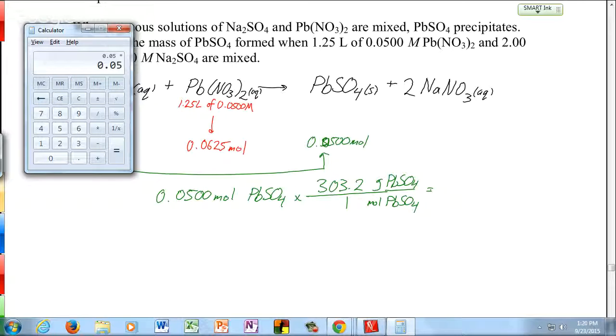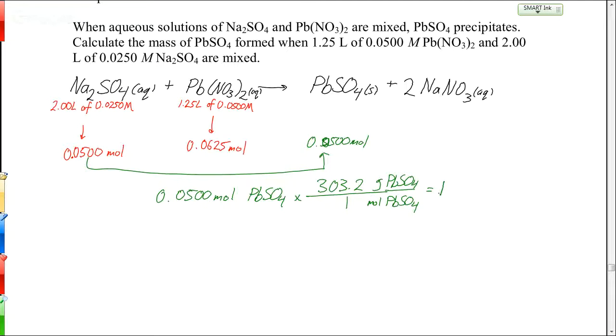So 0.05 times 303.2 is 15.2 grams lead sulfate, which is what we're asked for. So that's how much precipitate forms when those solutions are mixed. Same idea. The only difference here is we're starting with solutions instead of individual masses of reactants.